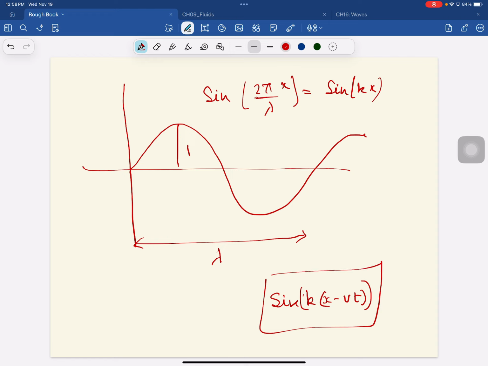So here is your wave, a sine wave of wavelength lambda traveling to the right. And if you want to change the amplitude to A, you just write A. So here is a sine wave of amplitude A traveling to the right at velocity v.